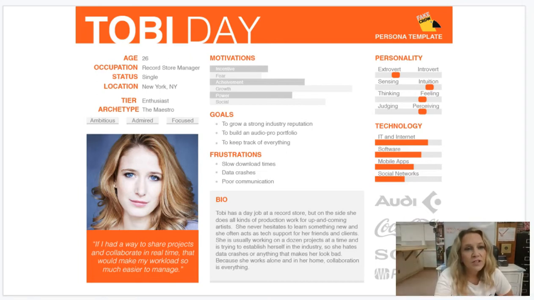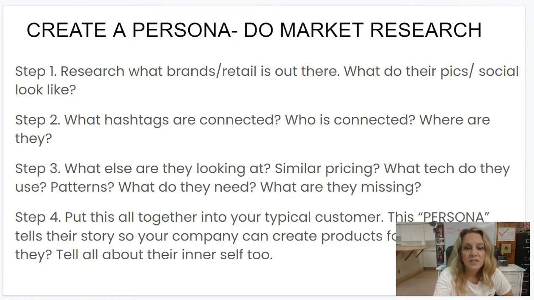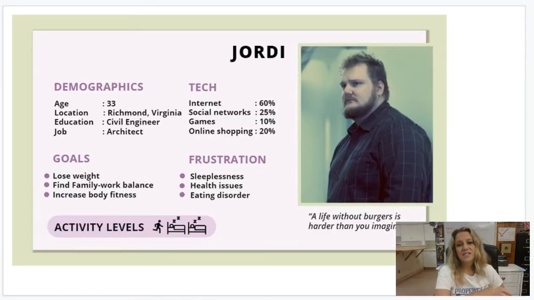So the way you're going to start out is these 4 steps will help guide you. I'll come back to that in a little bit. Here's an example of a person who is dividing their tech time in these ways. It talks about his goals, his education and job and age, right?